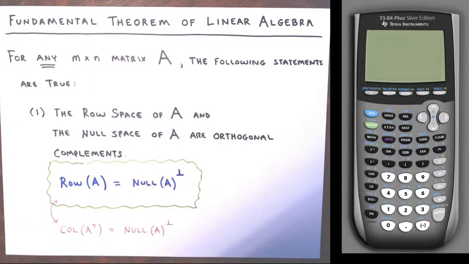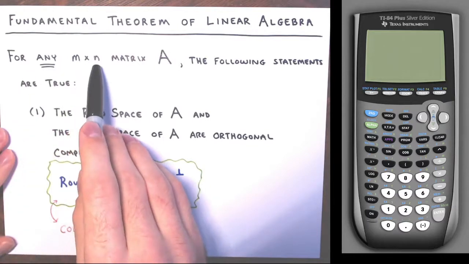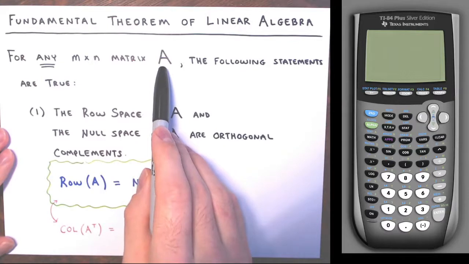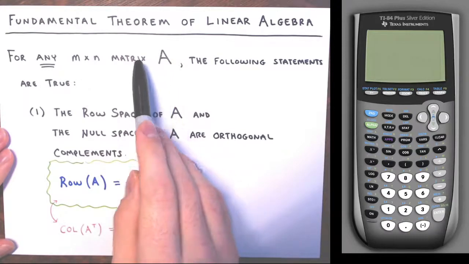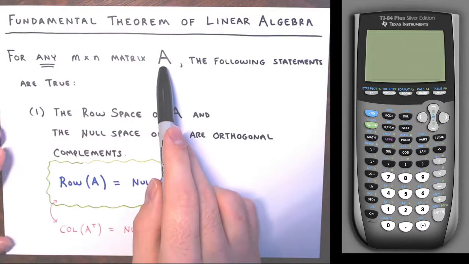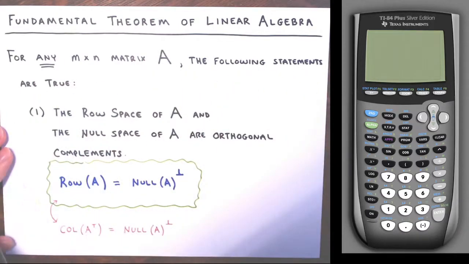So what is the fundamental theorem of linear algebra? It states that for any m by n matrix A, and this is implied to be with real number entries, the following statements are true.